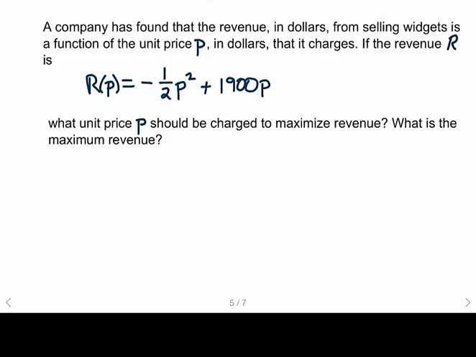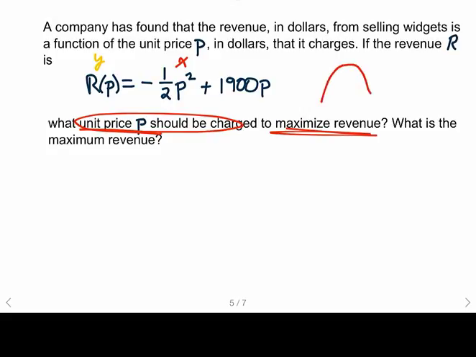In this case, P is playing the role of X, R is playing the role of Y, and so when we are asked what unit price P should be charged to maximize the revenue, noting that this function would have a graph of an upside down parabola, the P is going to be given by negative b over 2a.